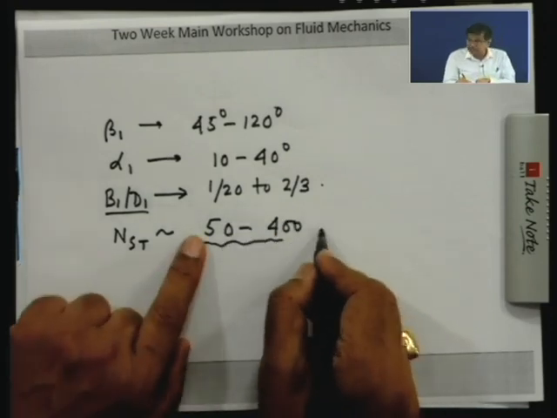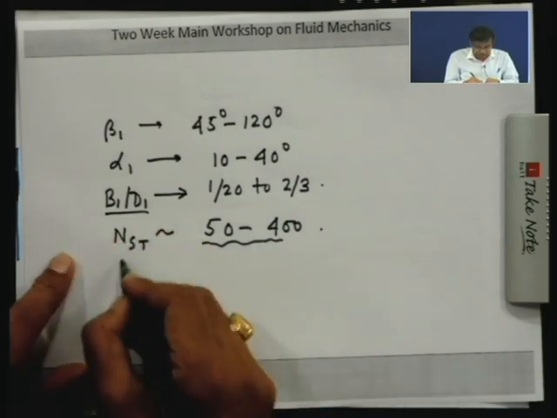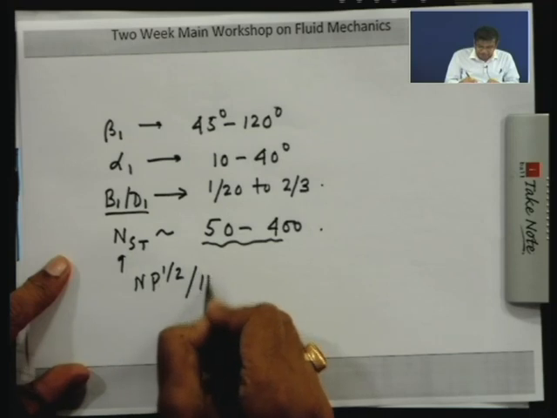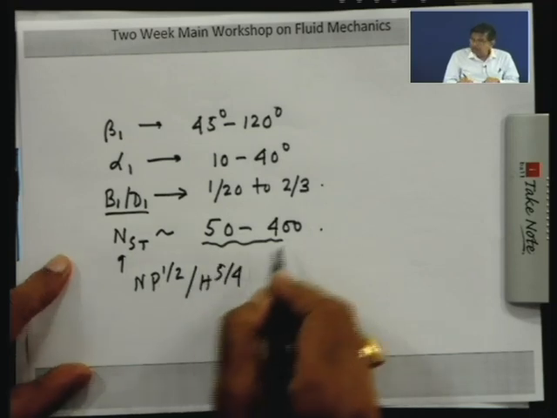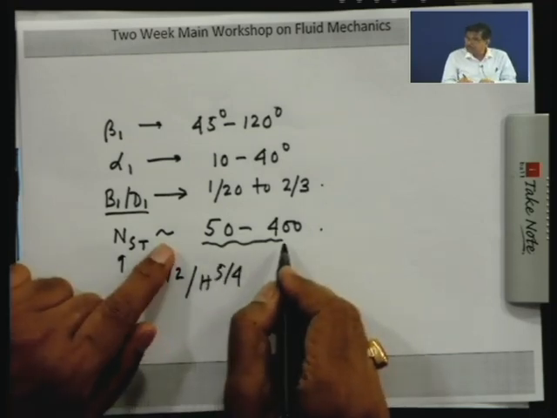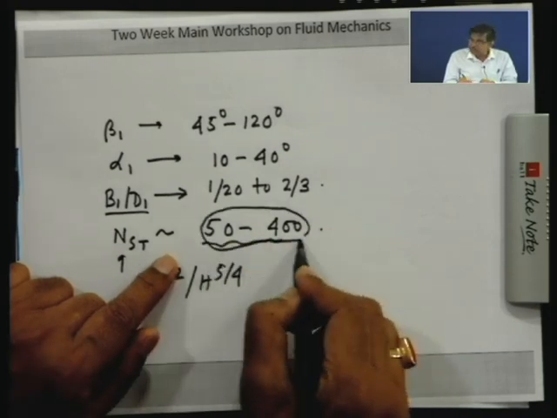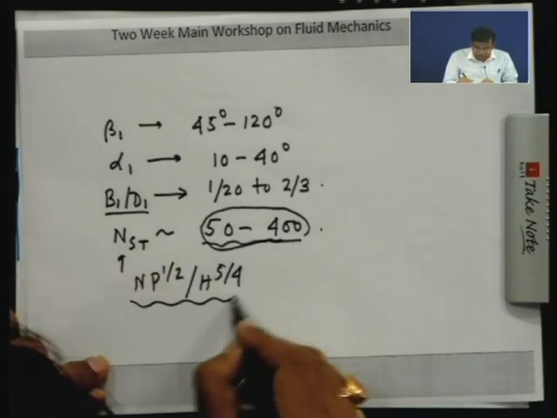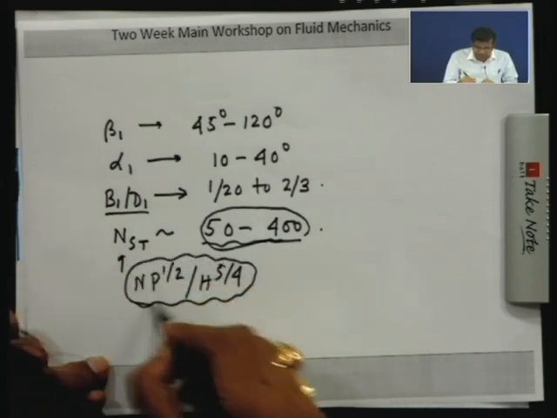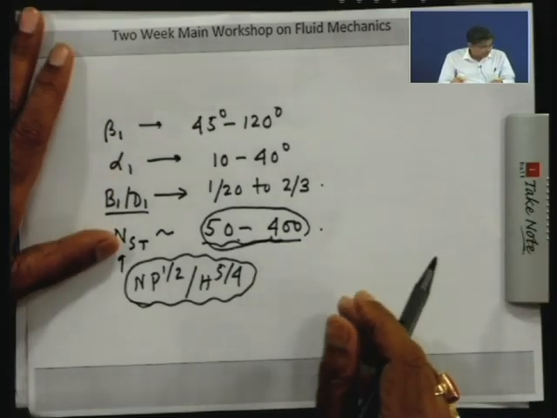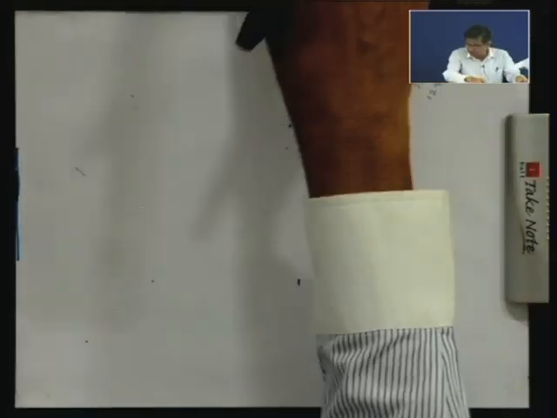Beyond this range of the specific speed, which is a combination of Np and H, the turbine works miserably, that means not at an efficient condition. In this range the turbine works more efficiently. Therefore, when the combination in an actual power station falls within that range, we use a Francis turbine.